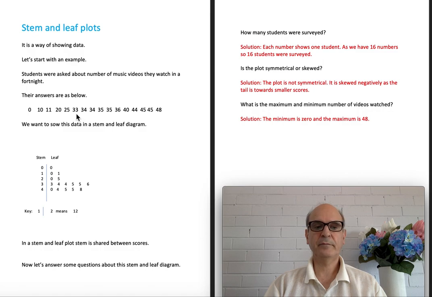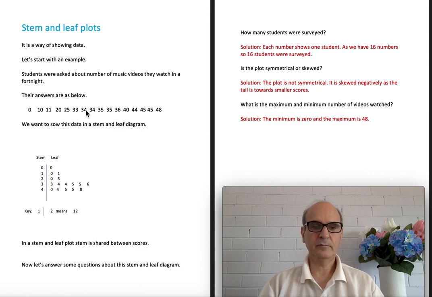And there are many numbers in 30s. So again, we write just one 3 at the stem side. Then for each score in 30s, we are going to show each of them with one digit. So for 33, I need to put another 3 here.